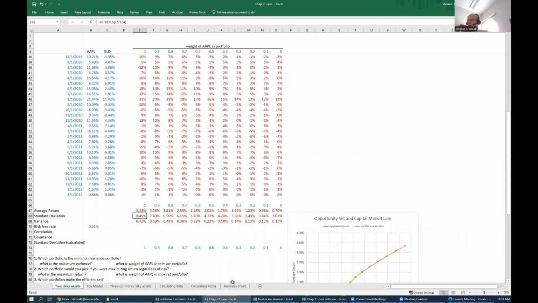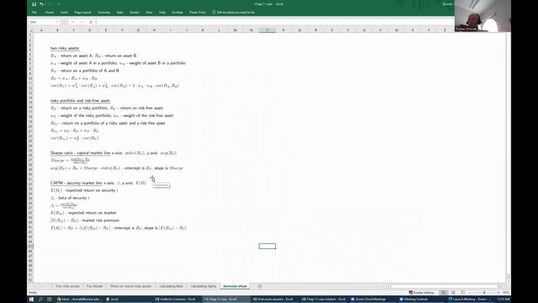But it turns out, if you look at our formula sheet, that if you have two risky assets and you know the variance of asset A and variance of asset B, and you know the covariance between those two assets, then there's a linear relationship between the variance of the portfolio and the variance of each asset and their covariances.